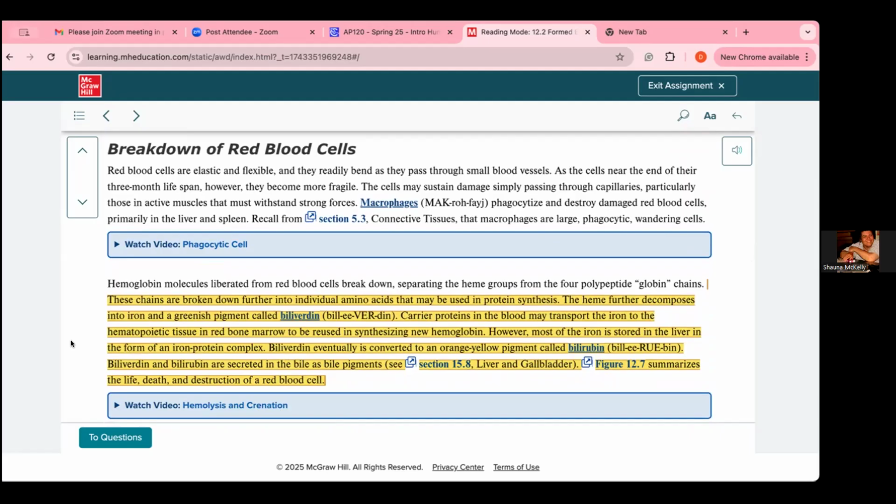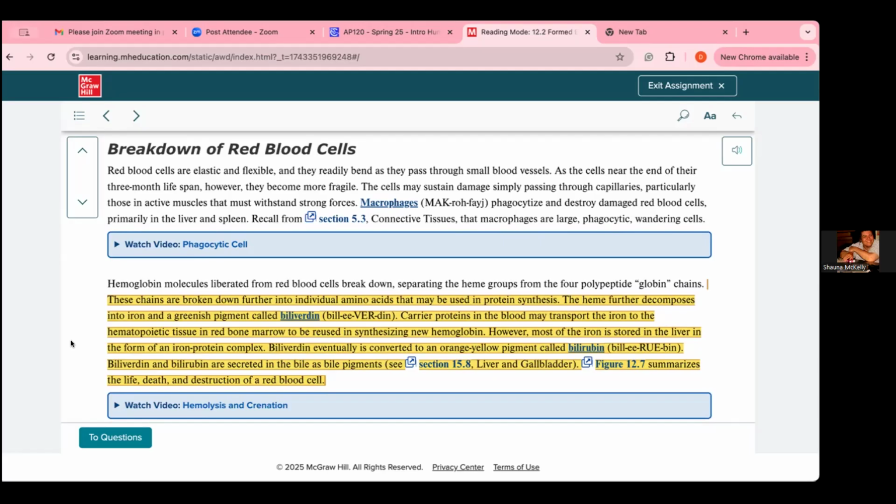chains. These chains are broken down further into amino acids that can be used in protein synthesis. The heme part further decomposes into iron and a greenish pigment called biliverdin. Carrier proteins in the blood may transport the iron to hematopoietic tissue in red bone marrow to be used in synthesizing new hemoglobin.